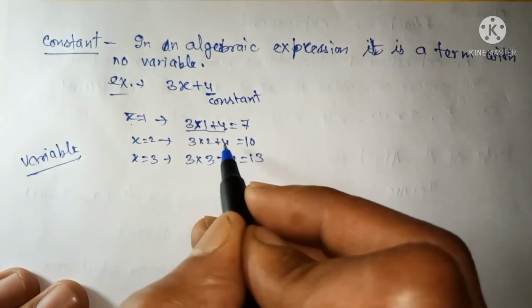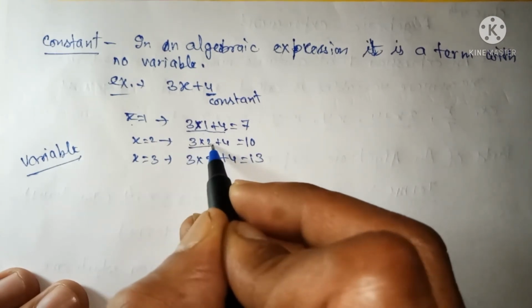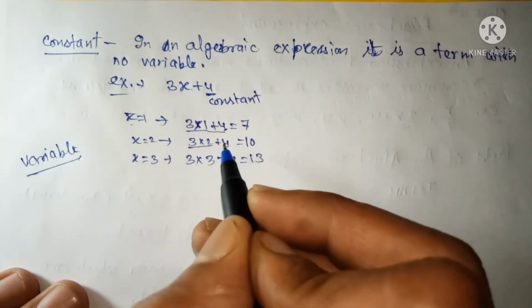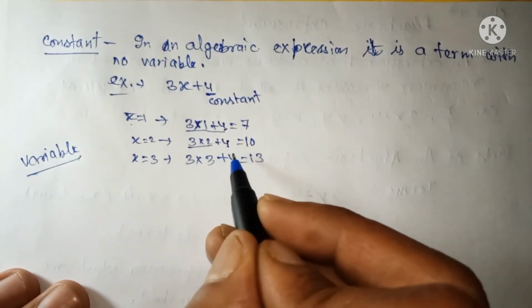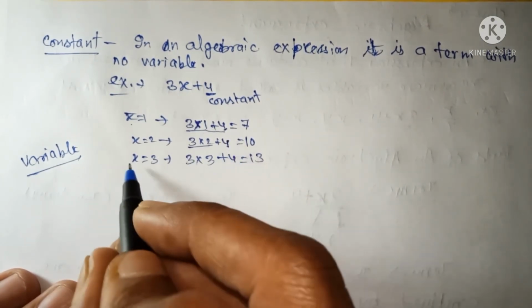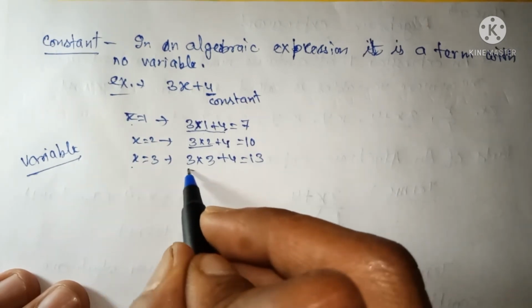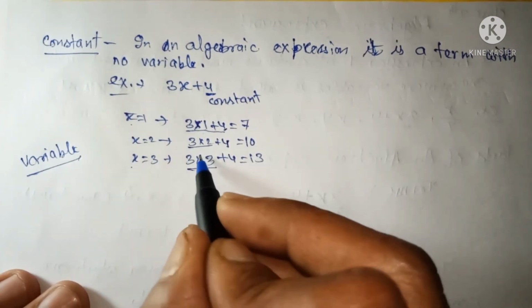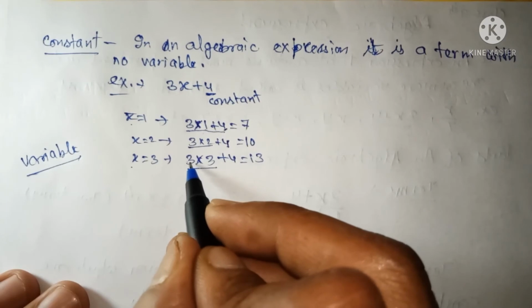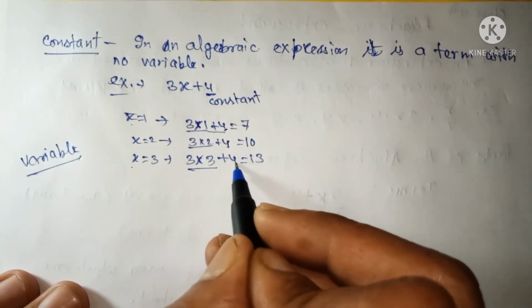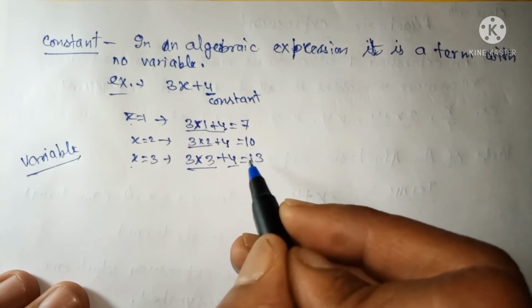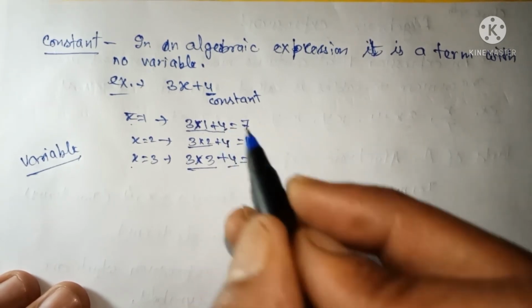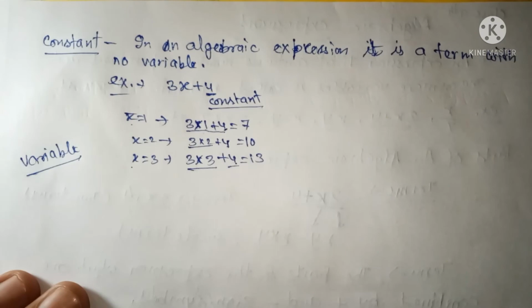When x is equal to 2, the other term will vary, but 4 is again 4, and it can't vary its value. Again, when x is equal to 3, the term gets its new value 3 3 is 9, but 4 doesn't change its value. So the 4 will be called a constant.